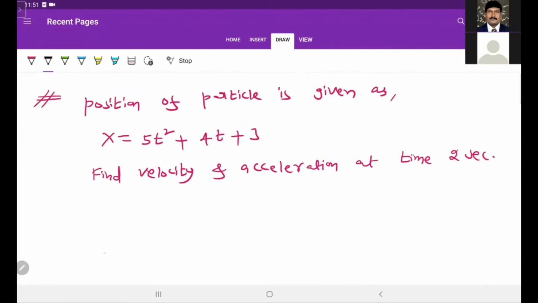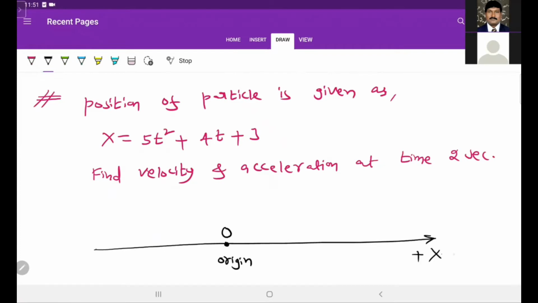Suppose this is the x-axis. Here particle is moving along x-axis. Suppose this is the origin. Right side of origin is taken as positive x-axis. Left side is taken as negative x-axis.